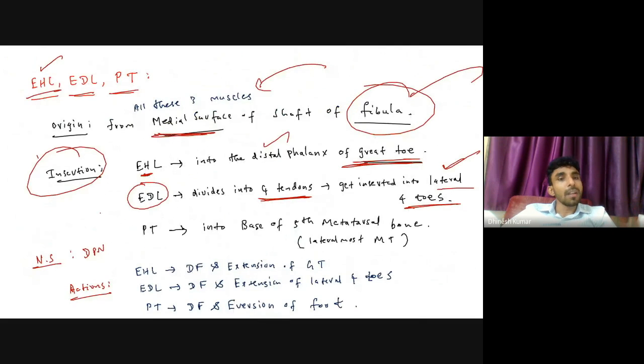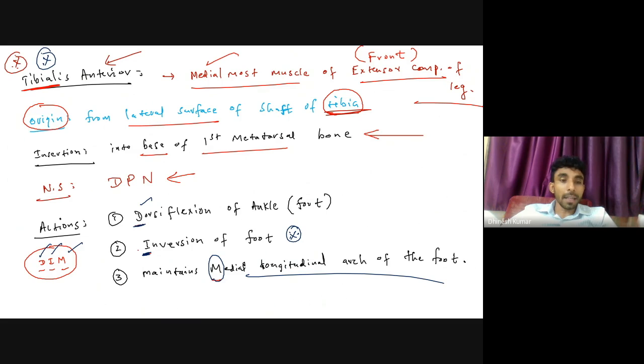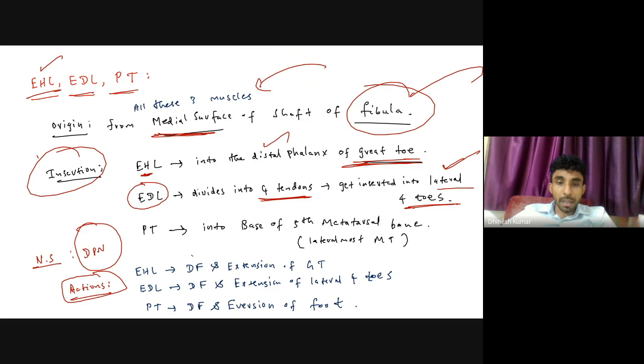What about the nerve supply of all these four muscles of this compartment? All are supplied by deep peroneal nerve. What about the actions? Already for tibialis anterior muscle, the three actions we have studied. Dorsiflexion is a common action for all the four muscles.